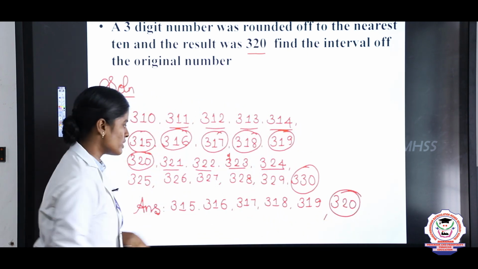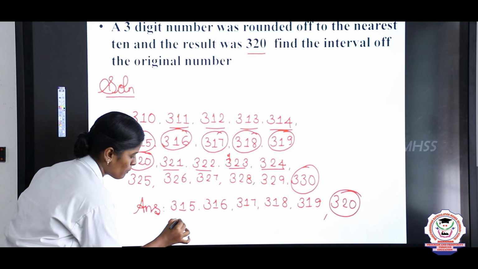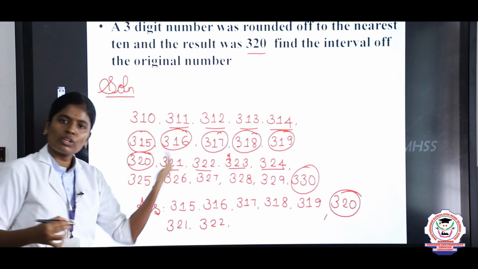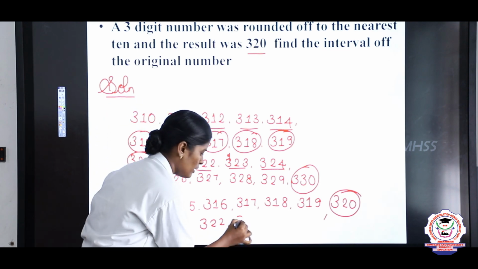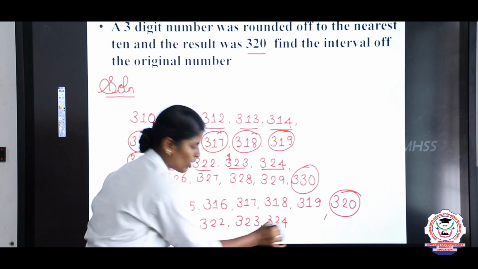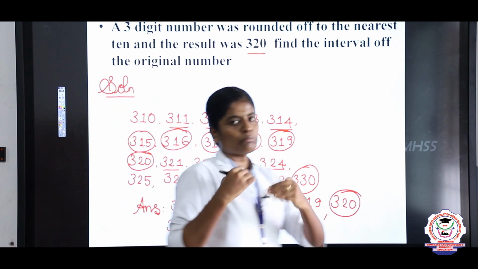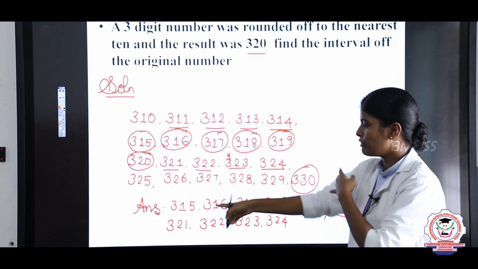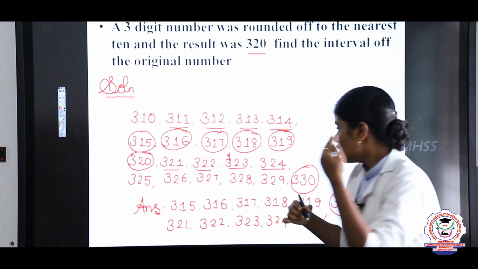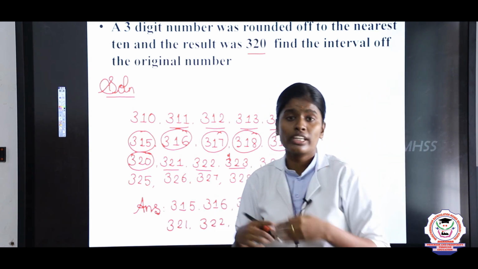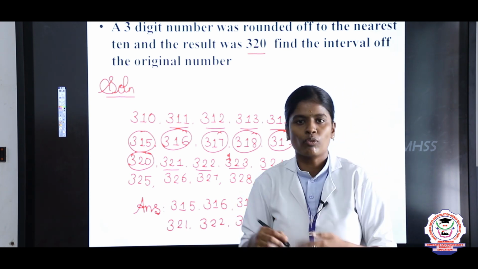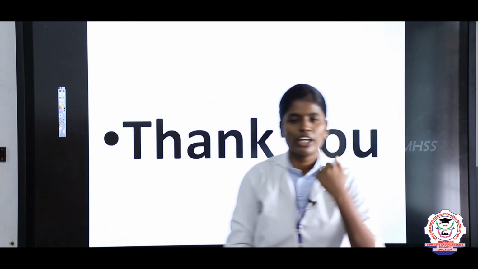And the next numbers are 321, 322, 323, 324. Okay children, so the numbers rounding to the nearest 10 value 320 are 315, 16, 17, 18, 19, 321, 22, 23, 24. Yeah, thank you my children.